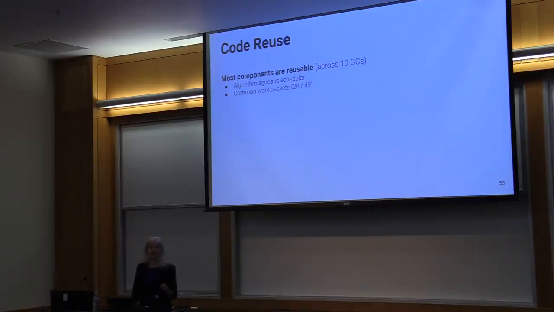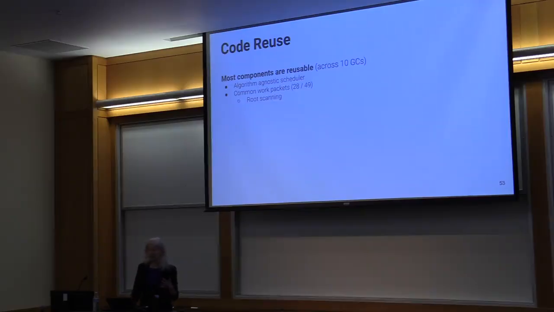In fact, LXR is our biggest unique work packet design because we didn't have a base reference counting collector implemented in MMTK. It was in the previous version of the toolkit, and if we'd had a base reference counting collector, we would have reused at least a few more of these packets.